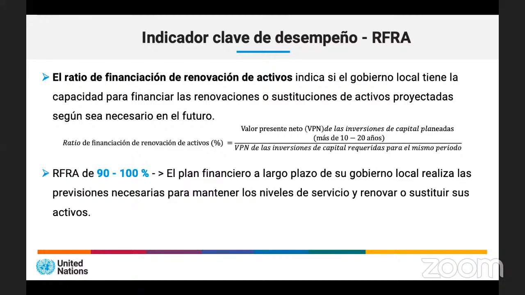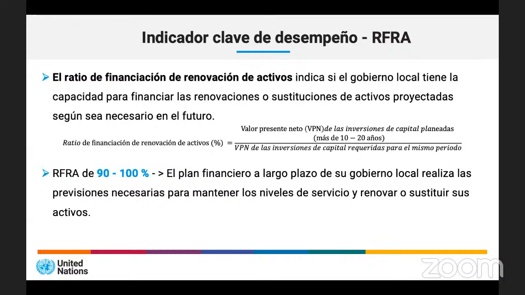This will show what we are calling the asset renewal funding ratio, which indicates whether your local government or your municipality has the financial capacity to fund the projected assets, so that you are able to self-finance with none or very little borrowing needed.